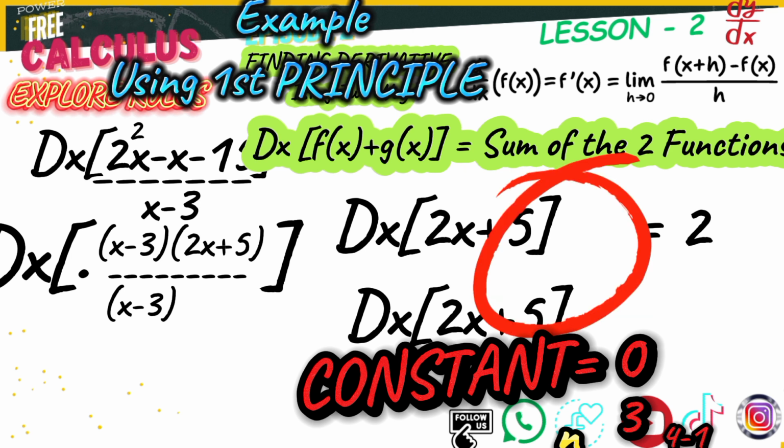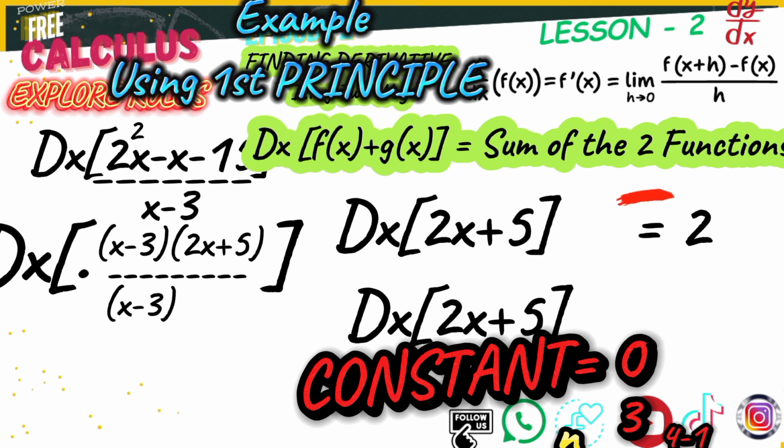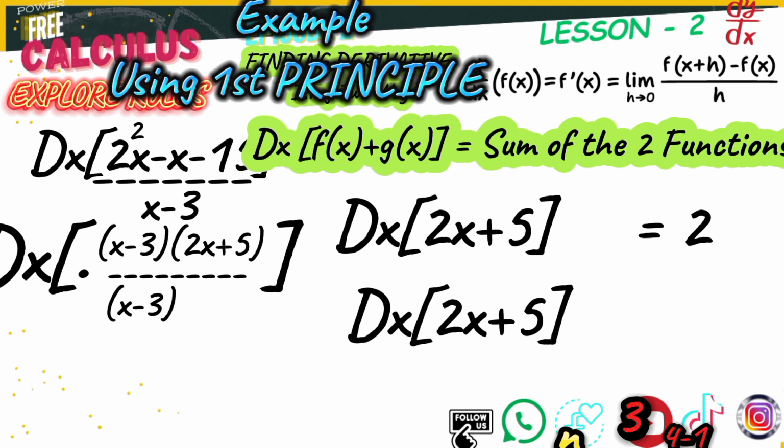We know the derivative of a constant is 0, and 1 minus 1 is 0, and anything to the power 0 is 1. So the derivative of this whole expression is 2.